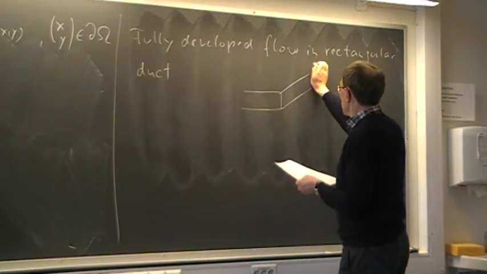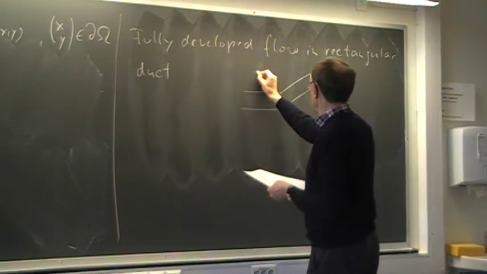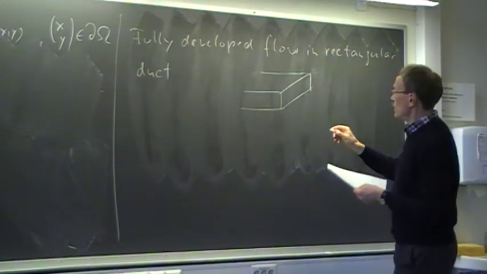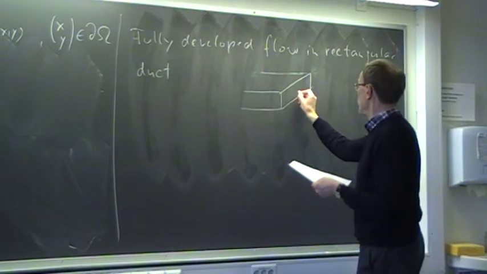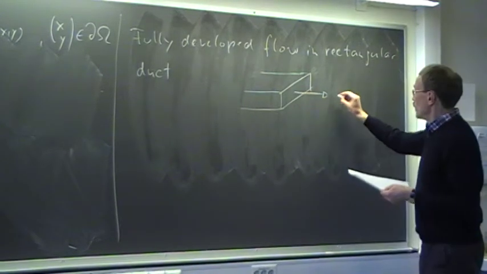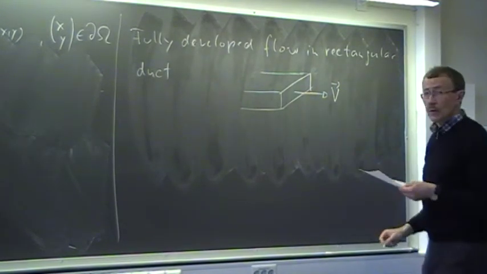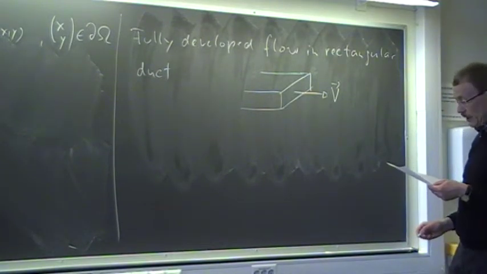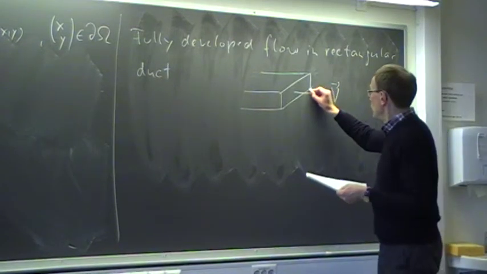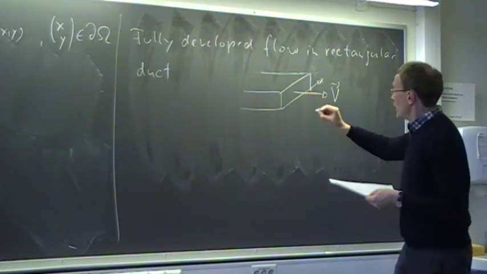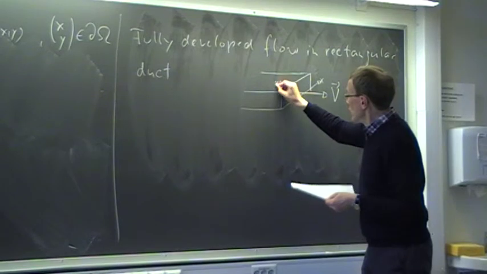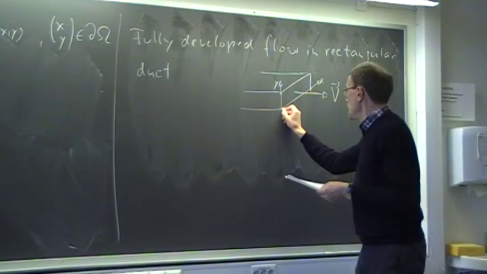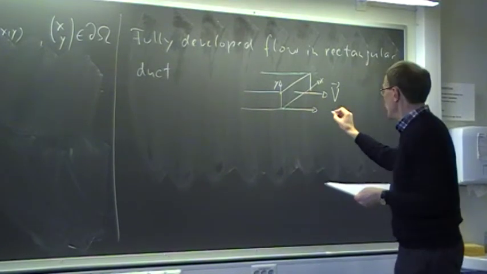So let's assume something like that. This is the duct, and the flow is going this way. Here we have our velocity vector, and we assume the following coordinate directions: the x and the y in the cross-section of the duct, and the z in the streamwise direction.